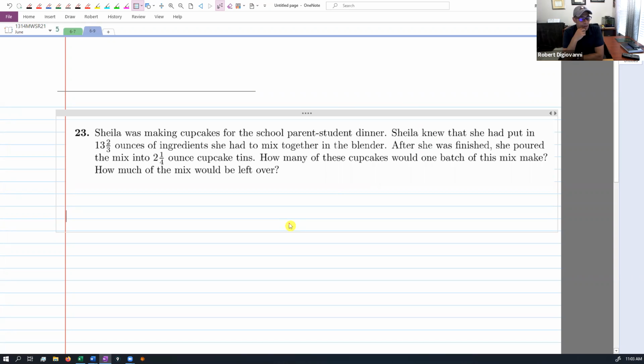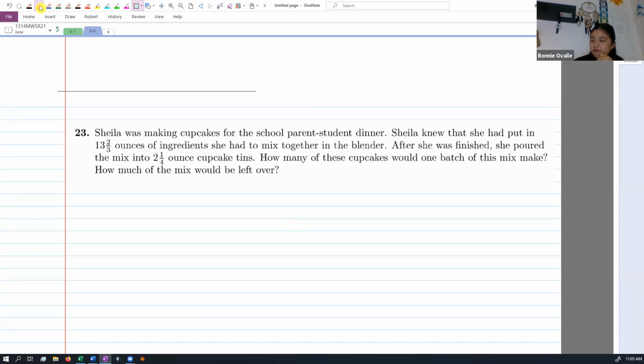So, Bonnie, since you asked the question, how did you approach this? I converted the mixed numbers into an improper fraction. And then I kind of just went from there. For the improper fractions, I got 41/3 and then 9/4.